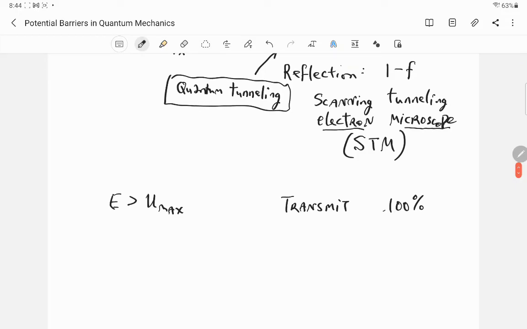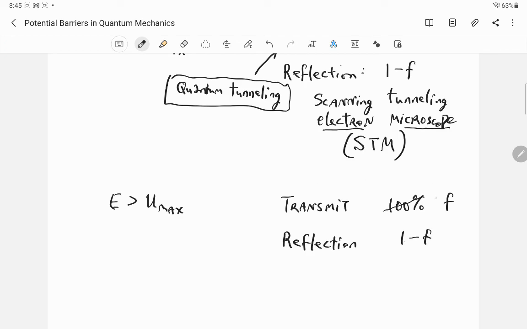But in quantum mechanics, again, it's not 100%. Even in the case where the particle classically clearly has enough energy to go up and over, it's still going to be a fraction that transmits. And this potential barrier, even though it's not classically fully a barrier, gives us, in quantum mechanics, a non-zero probability to reflect off of it.